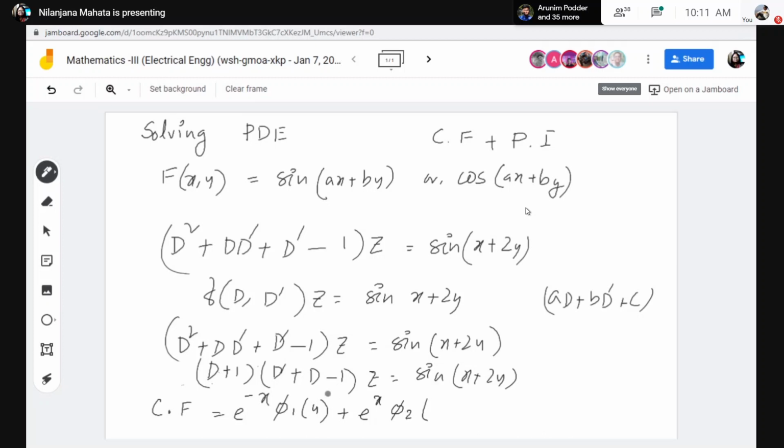The form was e to the power minus c by a x into phi of b x minus a y. So you know how to find this CF.